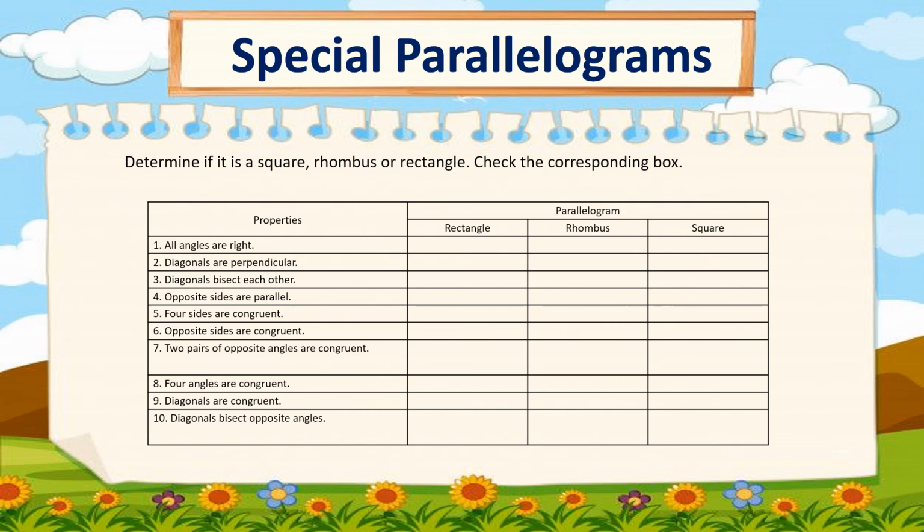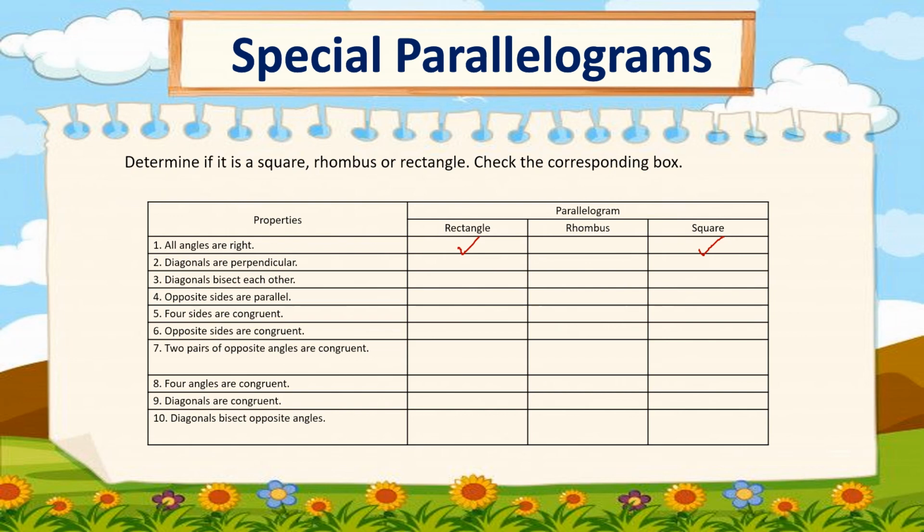Let's try to answer this. Determine if it is a square, rhombus, or rectangle. Check the corresponding box. Number 1. All angles are right. This is true to all rectangles and squares. Number 2.